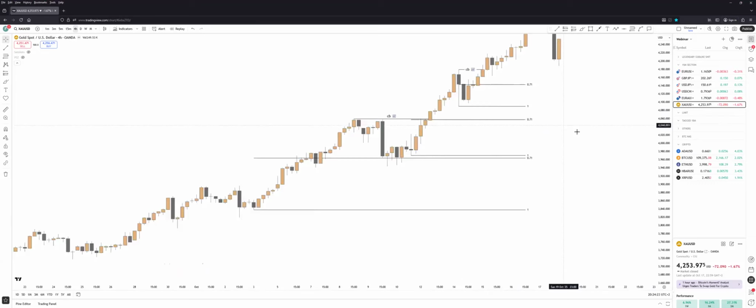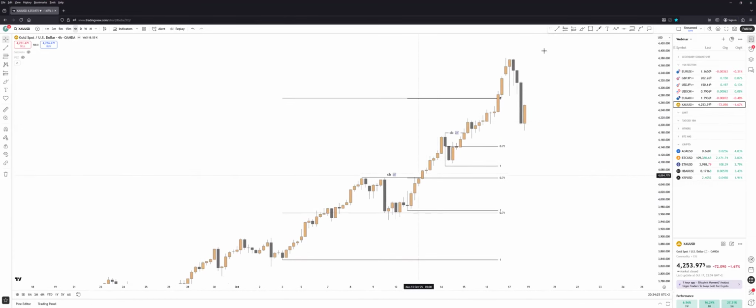Let me just recalculate the ranges, because we have so many ranges marked out here. For example, we have this low point which initiated the break of the high point at this level, from where price created another pullback, from where it made another continuation break. So basically, this is the last recent low point from where we can pull a Fibonacci up to this high point.